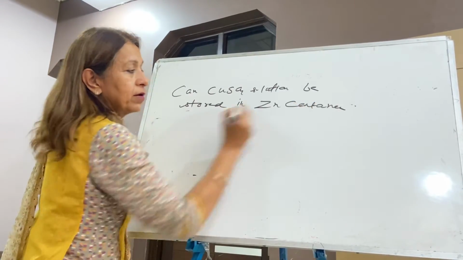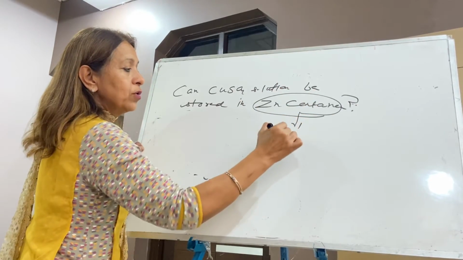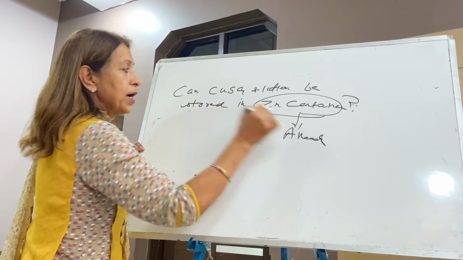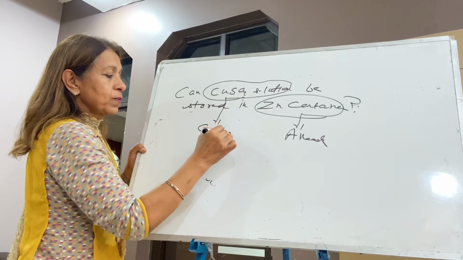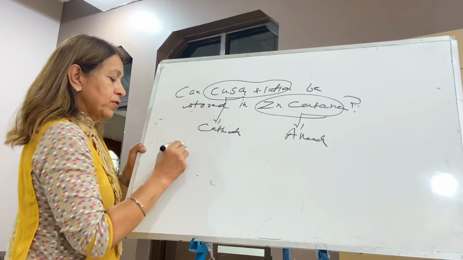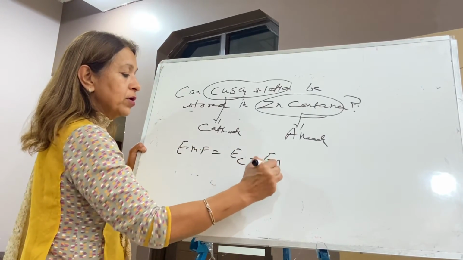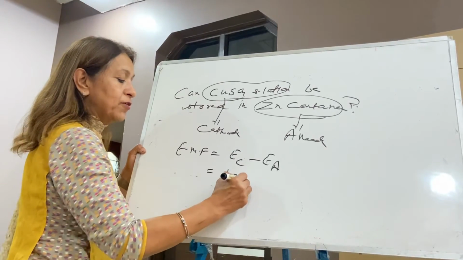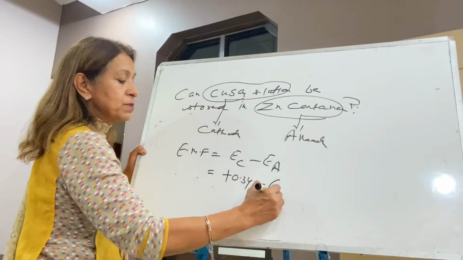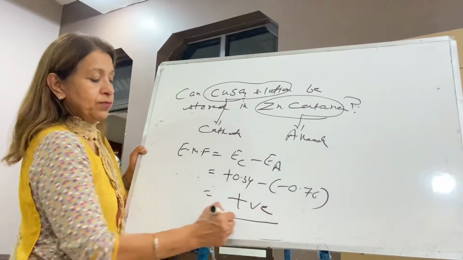The zinc container is a solid, make it anode, and copper sulfate solution the cathode. EMF is equal to E cathode minus E anode. Values will be there. Cathode, copper, is plus 0.34, and anode, zinc, is minus 0.76. Again the answer comes positive.